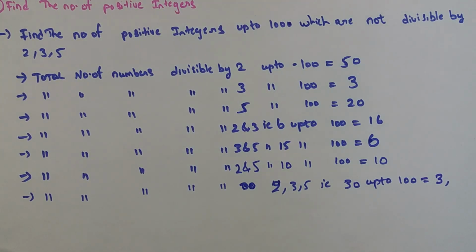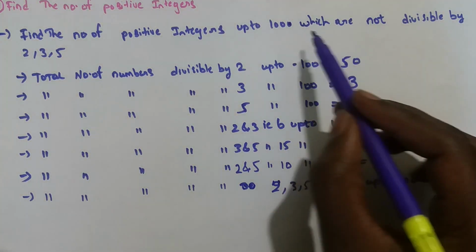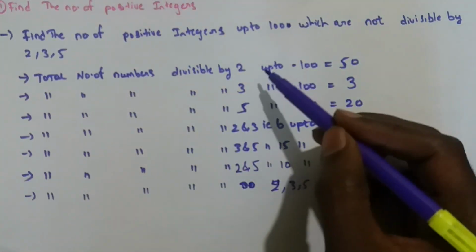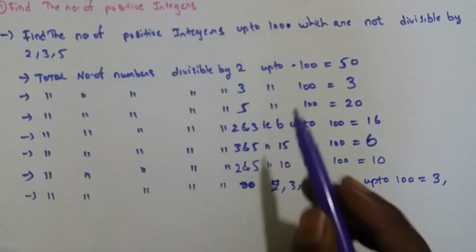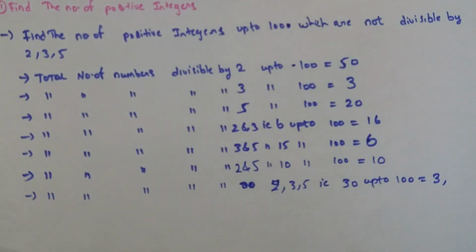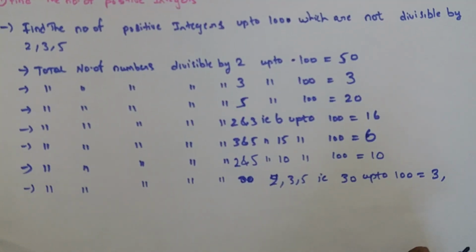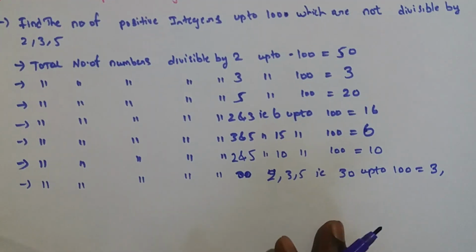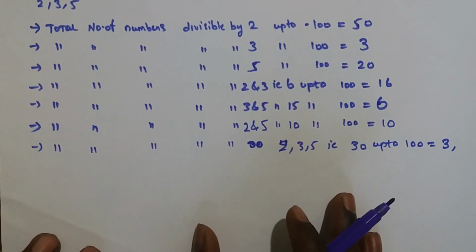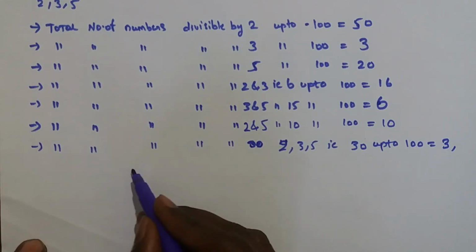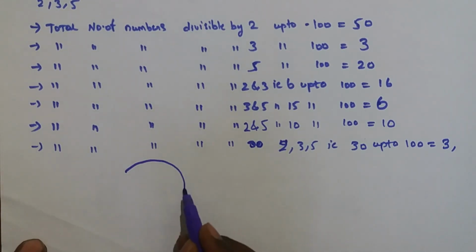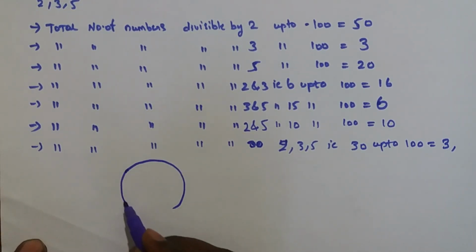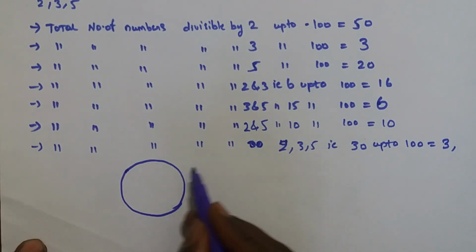Now see here, the numbers which are not divisible by 2, 3 and 5. Here 2, 3, 5 are common factors. Using 2, 3, 5 we need to draw a Venn diagram, right? Number of positive integers up to 100 which are not divisible by 2, 3, 5. Okay, now draw a Venn diagram here.